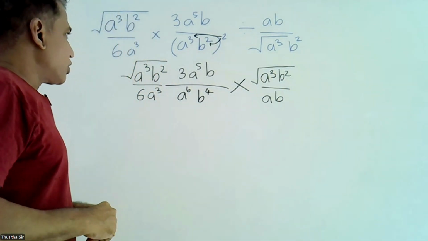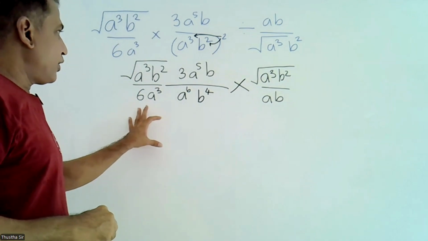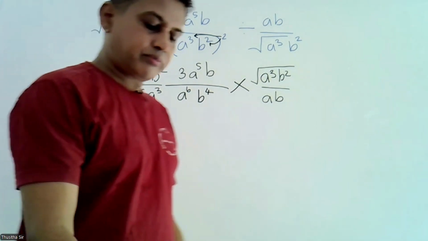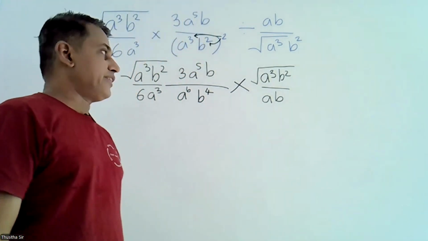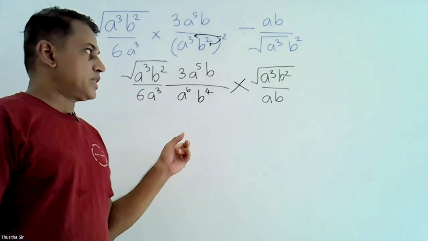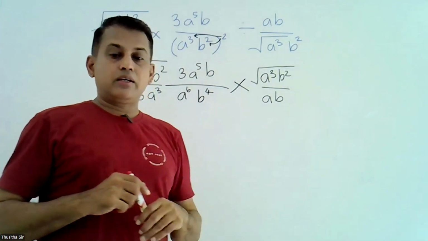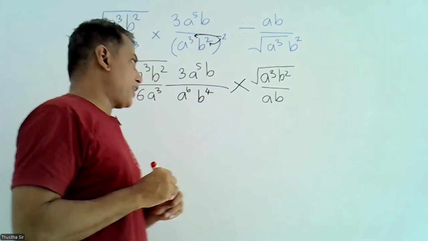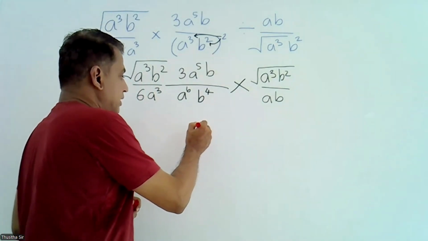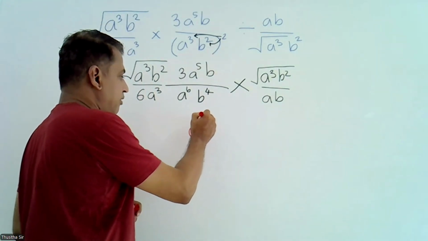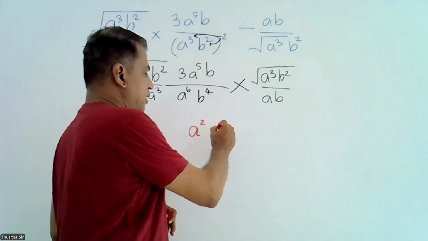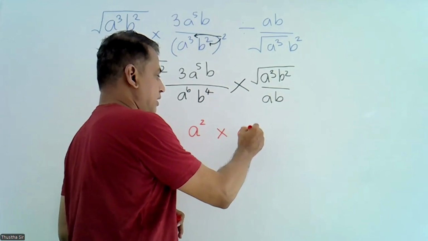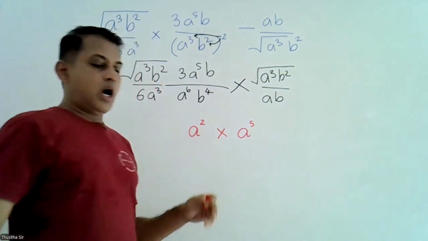Now I'm also going to teach you another important thing that you have to use here. I think it's not a big thing, you might know this. For example, if I write a power of 2, and multiply by a power of 5, how do I do this?